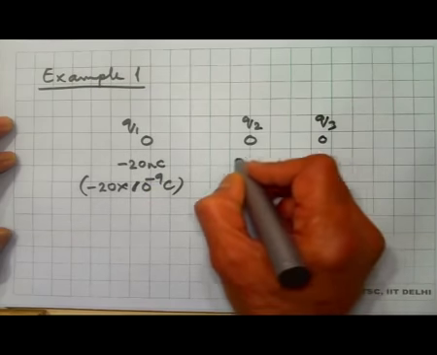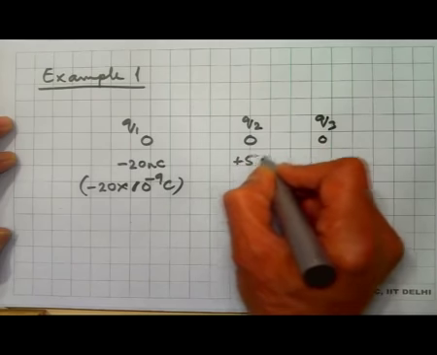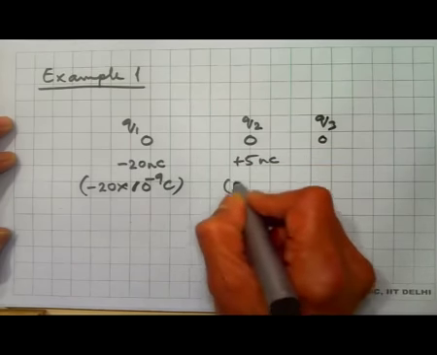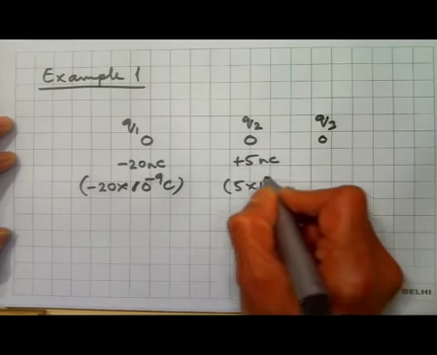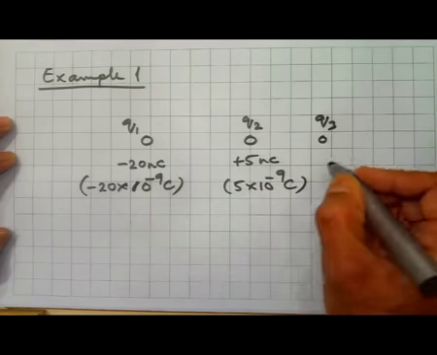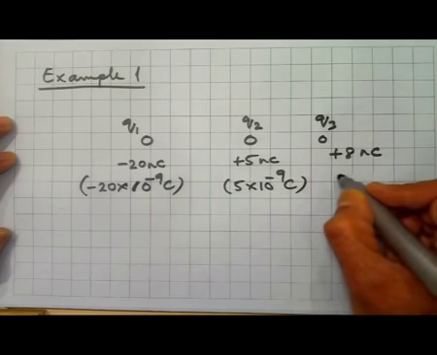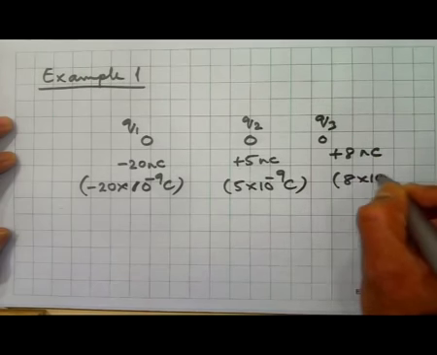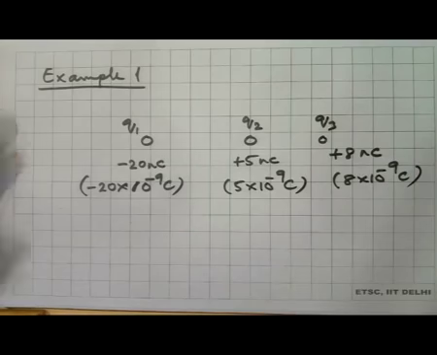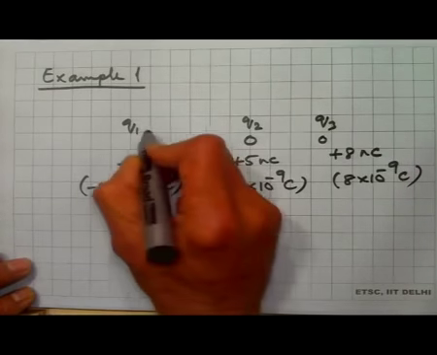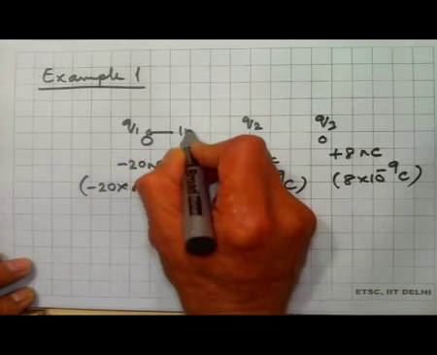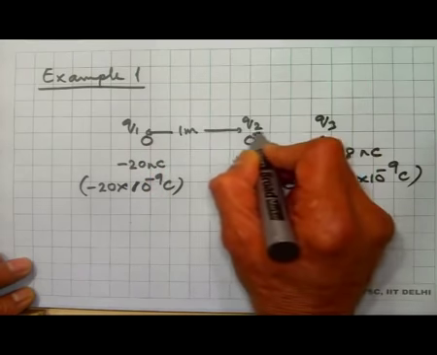This is, for example, let me take plus 5 nanocoulomb, that is 5 into 10 to the power minus 9 coulomb, and let me assume this is plus 8 nanocoulomb, so this is 8 into 10 to the power minus 9 coulomb, and I am given that this distance is 1 meter and this distance is half a meter.